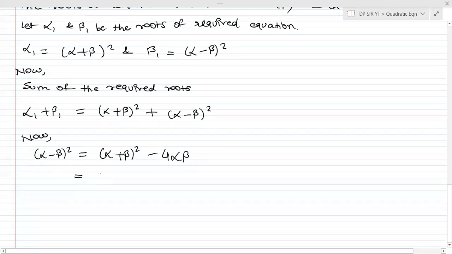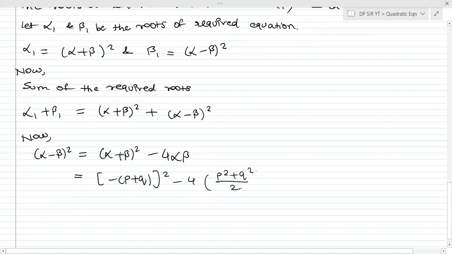What is the value of alpha plus beta? It is minus of p plus q the whole square, minus 4 alpha beta, that is p square plus q square by 2.